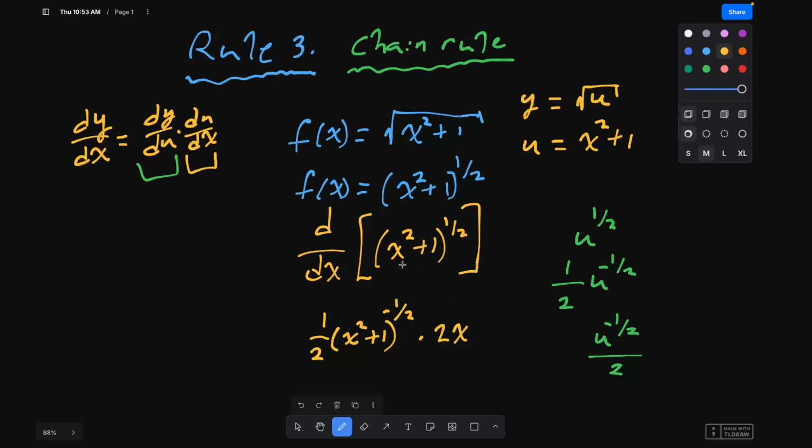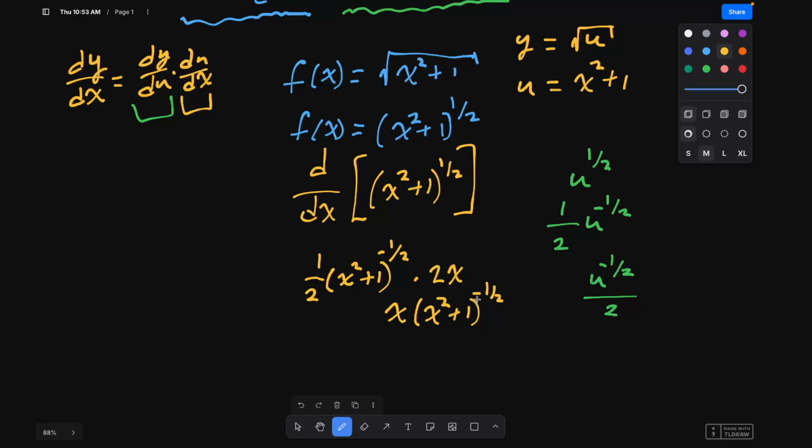We just did the chain rule. We did dy du by pretending that this inside bit is simply u, and then doing a power rule over it. And then we did our du dx, taking the derivative of this inside bit, and then multiplying it by the dy du. So if we simplify this, the 1/2 and the 2 are going to cancel, and we get x times x squared plus 1 to the negative 1/2.